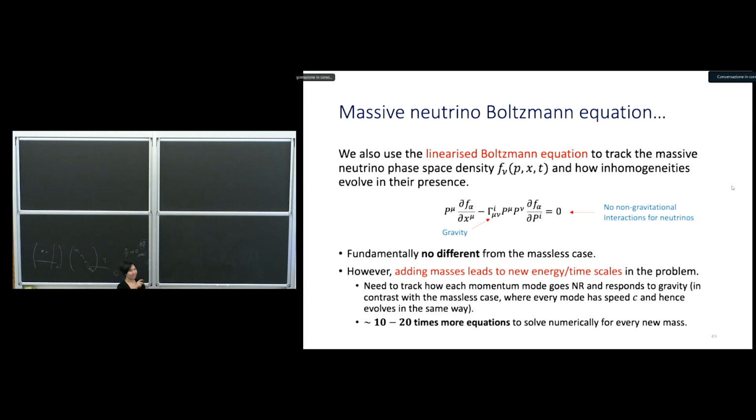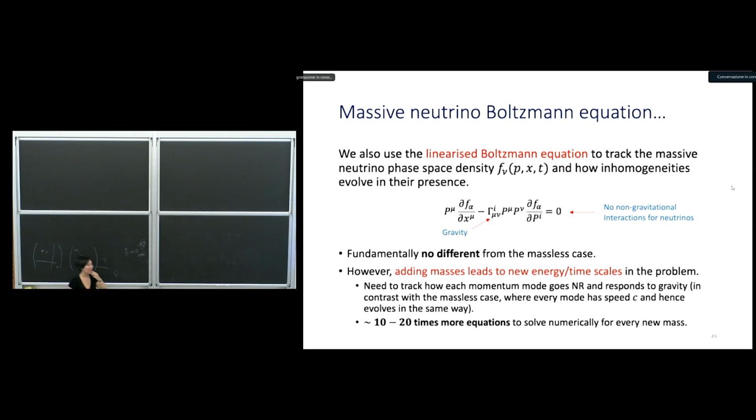And that, from a practical point of view, means that you have normally about 10 to 20 times more equations to solve for a massive neutrino calculation relative to a massless neutrino calculation every time you add a new mass. So if you want 3 different masses, we're talking about 60 times more equations that you need to solve. So that makes it kind of ugly.